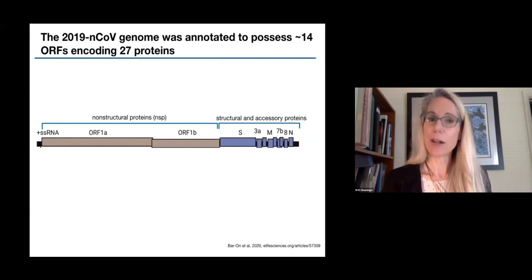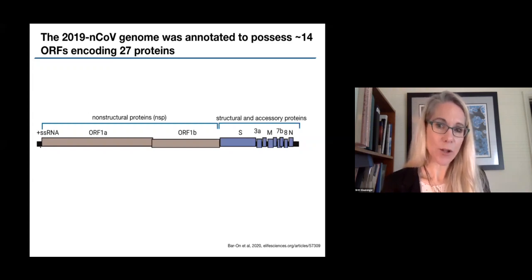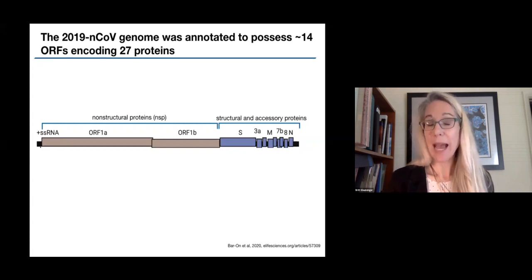Within its large non-structural protein open reading frame, it encodes basically the replicase machinery. And because the incoming genome itself is positive sense RNA and can be read directly by the ribosomes, this virus doesn't have to package its polymerase or its replicase machinery into the viral particle.